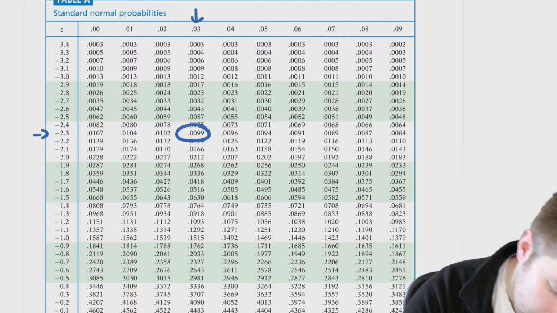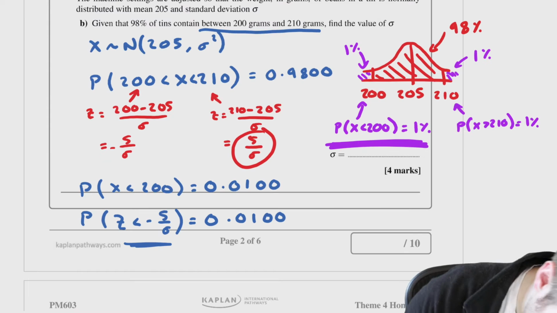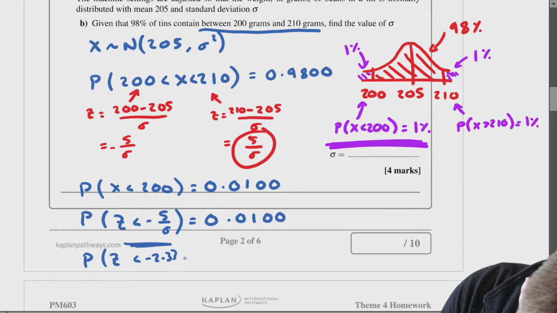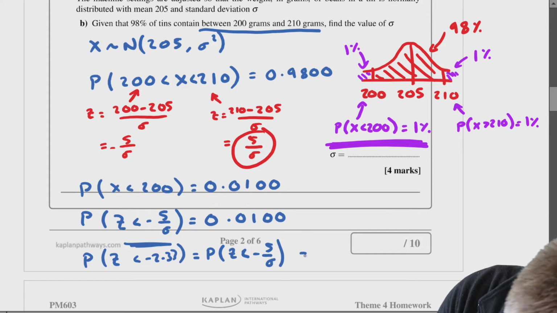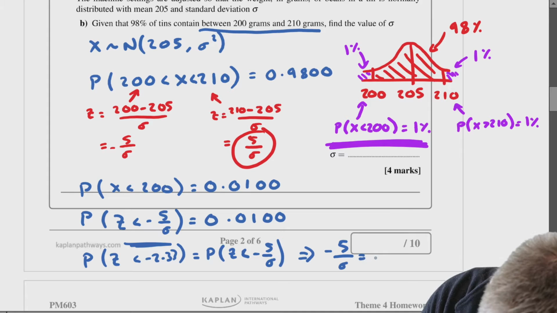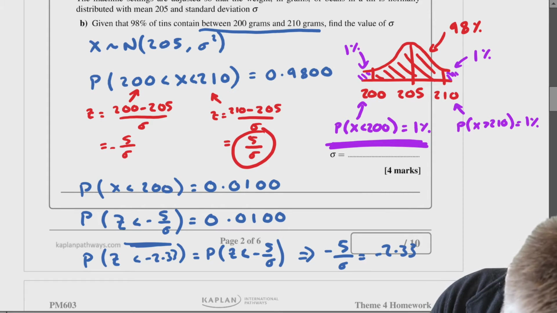So let's have a look. So negative 2.33. So the probability that z is less than negative 2.33 should also be the same as the probability that z is less than negative 5 over sigma, which means I should just be able to jump straight in and say, okay, negative 5 over sigma should be negative 2.33 units of standard deviation.